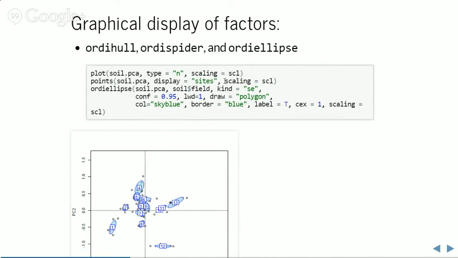There are a number of possible arguments, so you can really play with how that looks. We'll go into even a little more detail with this when we get to the redundancy analysis, and we can talk about how to give different colors to these ellipses and that kind of thing.